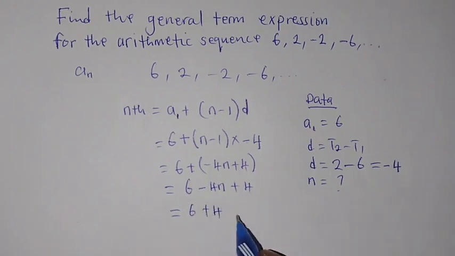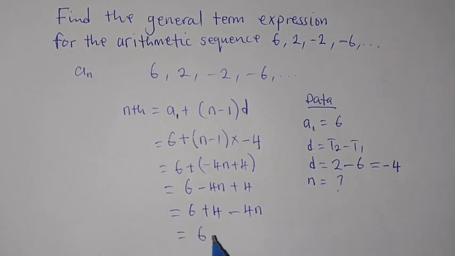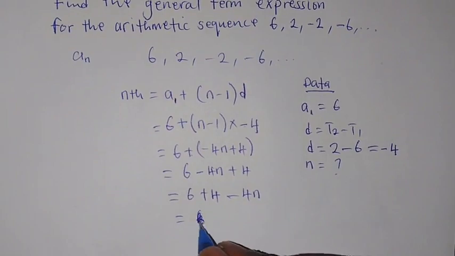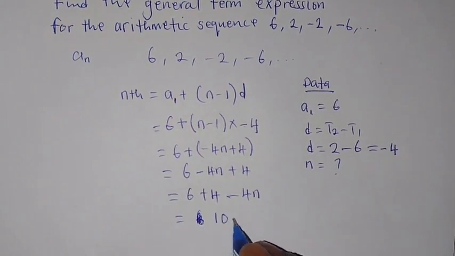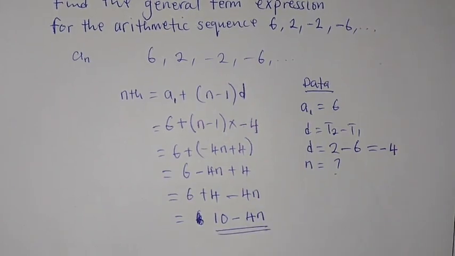So I've just put it here, then minus 4n. 6 plus 4, sorry, gives us 10. So this is 10 minus 4n. This is our general term of an expression. That is our answer.